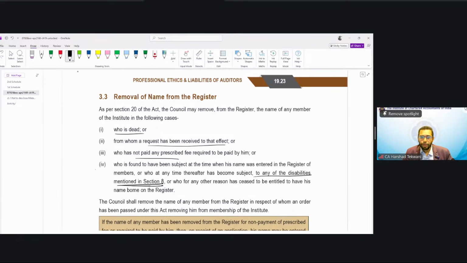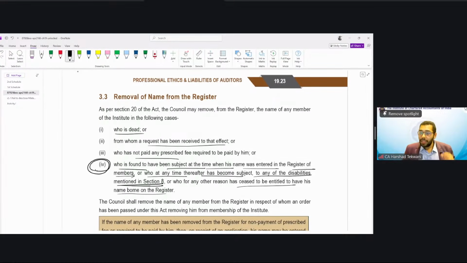This is very important. If there is a disability which is mentioned in Section 8, and who is found to have been subject to it at the time when his name was entered into the register of members, or who at that particular time or thereafter has become subject to any disability mentioned under Section 8, and for any other reason who has ceased to be entitled to have his name borne in the register, his name can be removed.